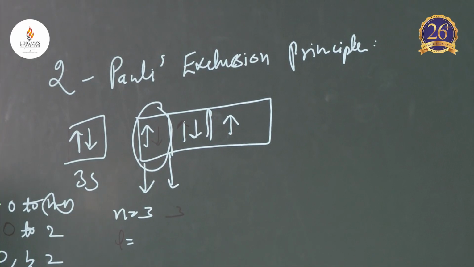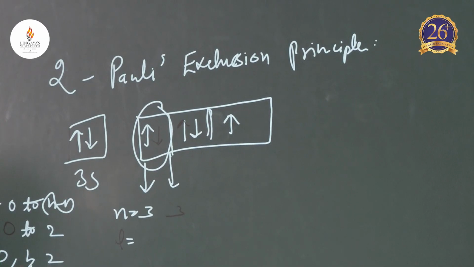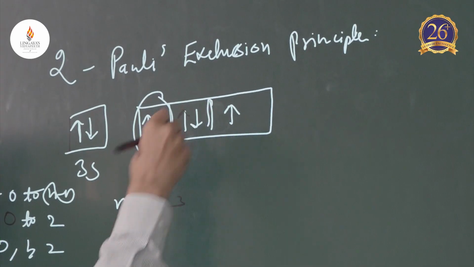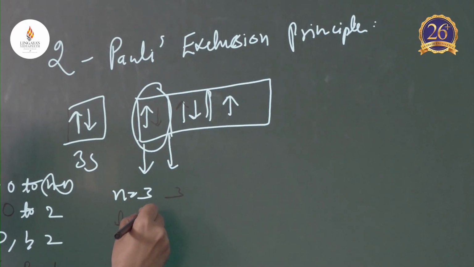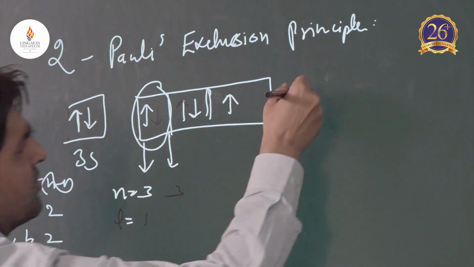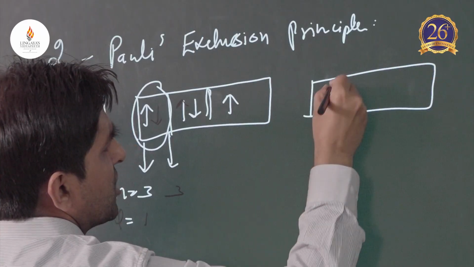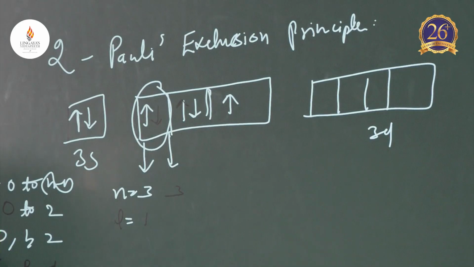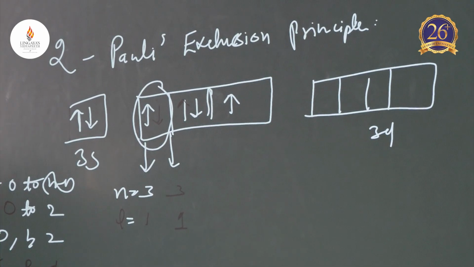If l equals 0 it is an s orbital, 1 a p orbital, 2 a d orbital. For the whole 3p orbital, l will be 1. For 3s, l equals 0. It can be 2 for 3d, but that is a vacant orbital we are not discussing. So l equals 1 for this electron, and for this electron also l equals 1.